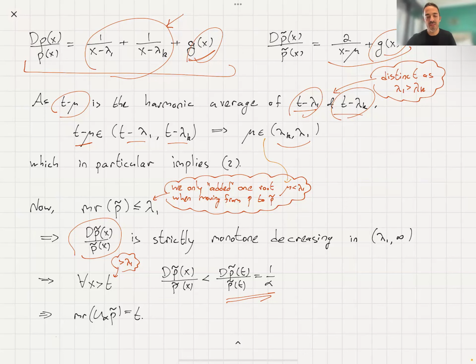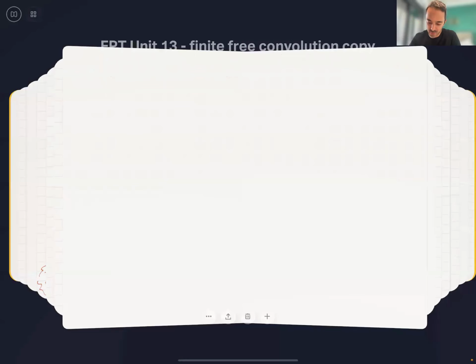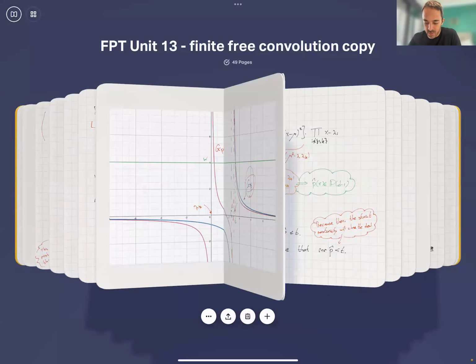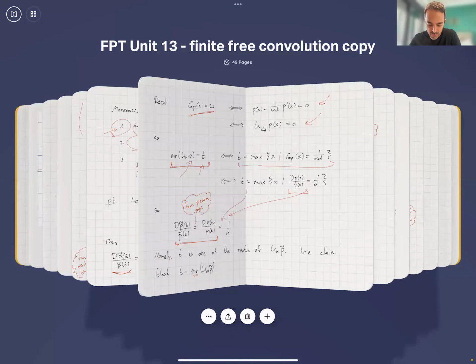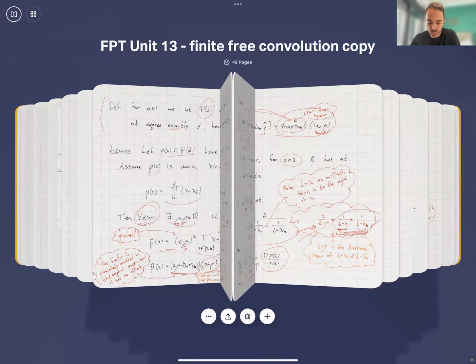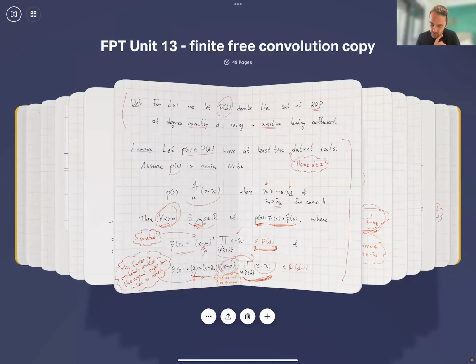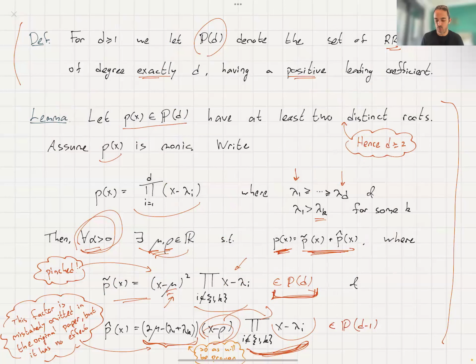Okay. So essentially, once you're to the right of the max root of P, you know that in the Cauchy transform mode, you are strictly decreasing, right? Because roots of P correspond to poles of Cauchy transforms. Good. So I think we're done with P tilde. We defined it explicitly, once I gave mu.